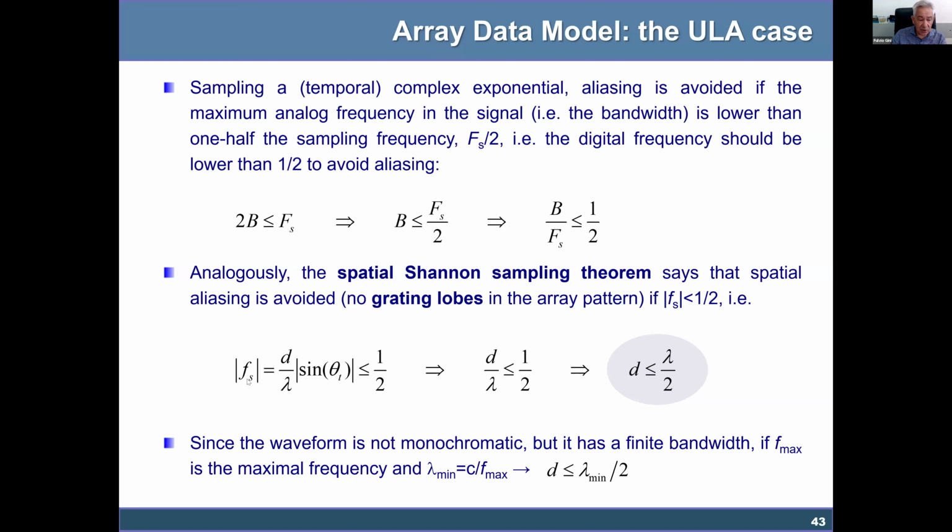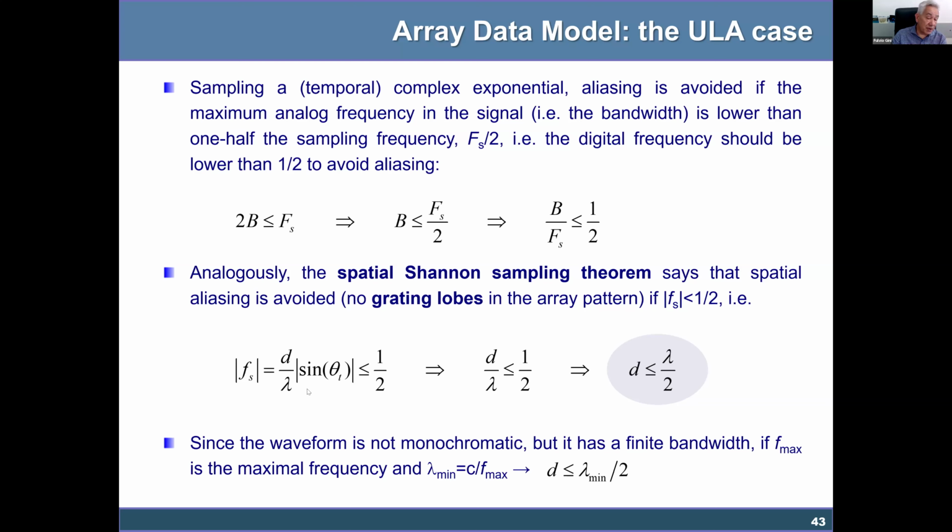In our case, the normalized frequency is Fs, and we should have the same inequality. Because this normalized frequency can be positive or negative depending on the value of the azimuth, we need the absolute value. So the modulo of the normalized frequency Fs should be smaller than 0.5.